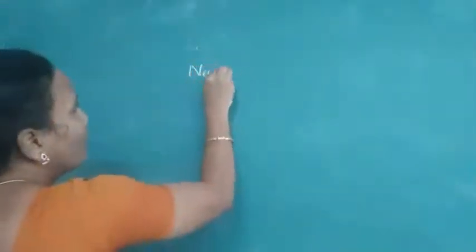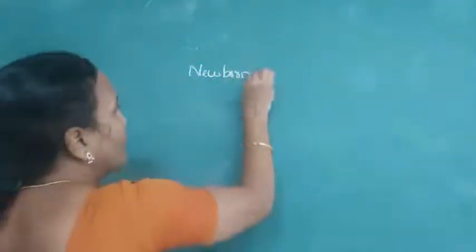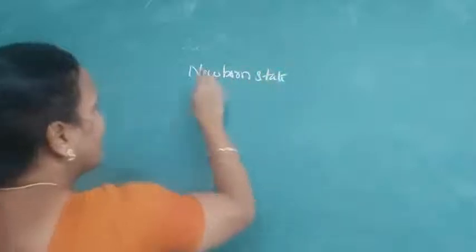Now I will draw on the board. Here we have the different states. This diagram you need to draw in the exam. First one is the newborn state.